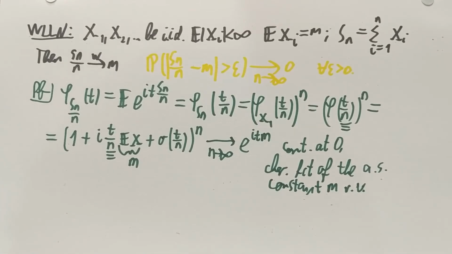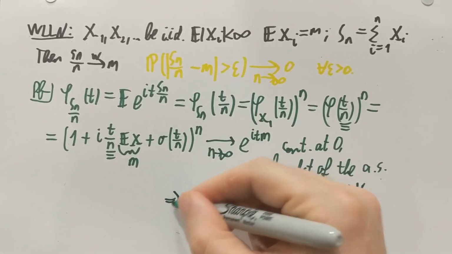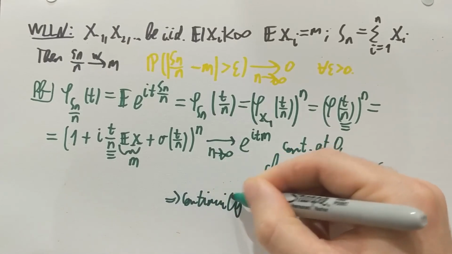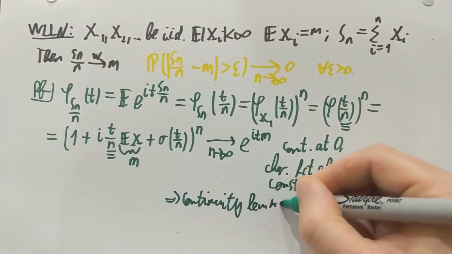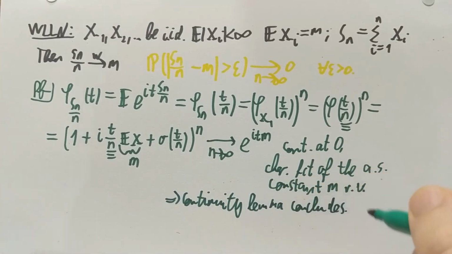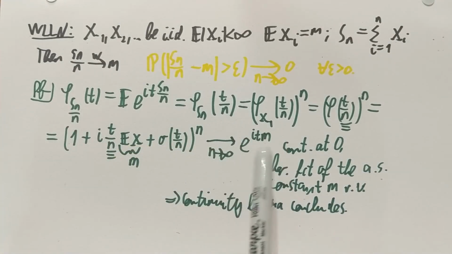So the continuity lemma now concludes this proof. It says that the law of Sn over n, of which we have the characteristic function to start with, will converge to the law of the random variable with this characteristic function, which is constant m, almost surely.